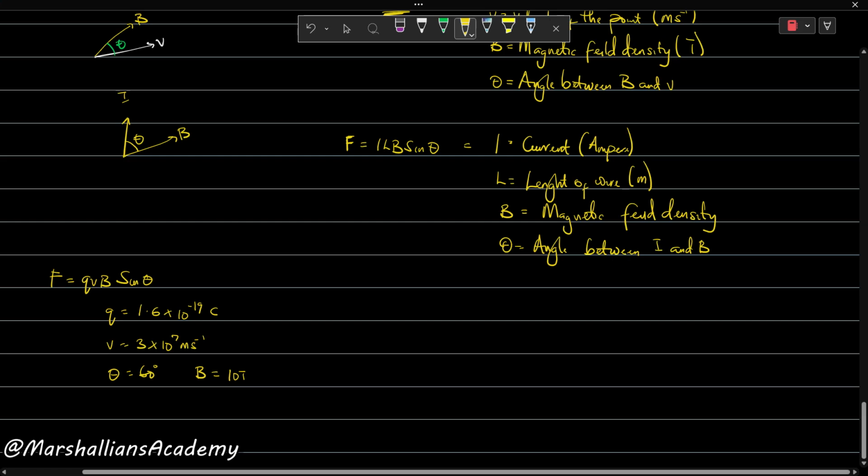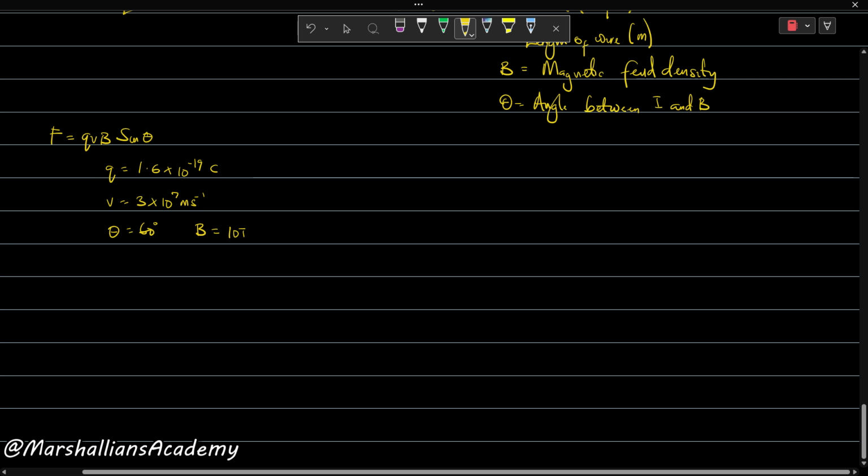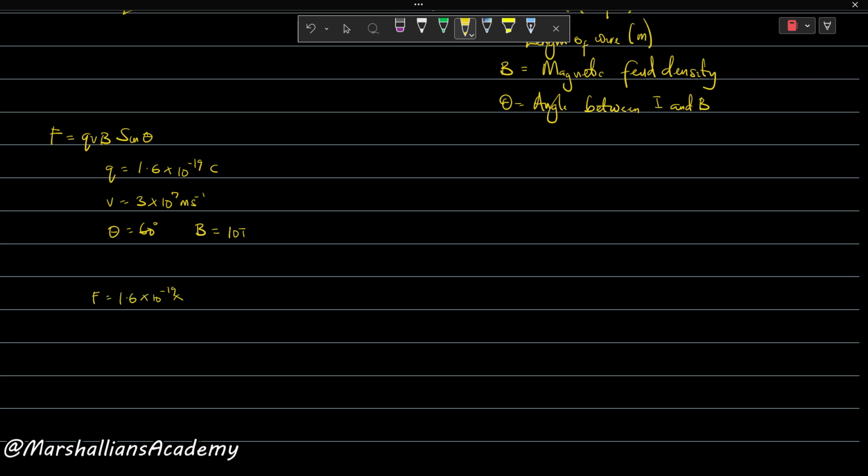Now, we just have to plug all of that into the formula. We're going to have the force equal to 1.6 times 10 to the negative 19 times 10 Tesla times velocity 3 times 10 to the power of 7 times sine 60 degrees. Okay, let's do like terms. 1.6 times 10 is 16. 16 times 3 is 48.